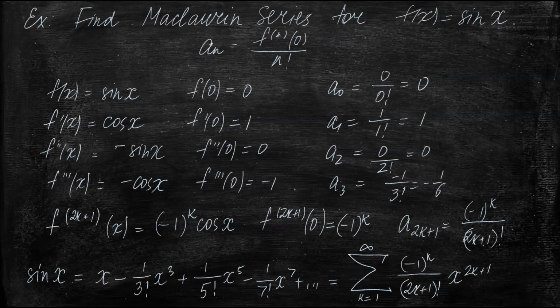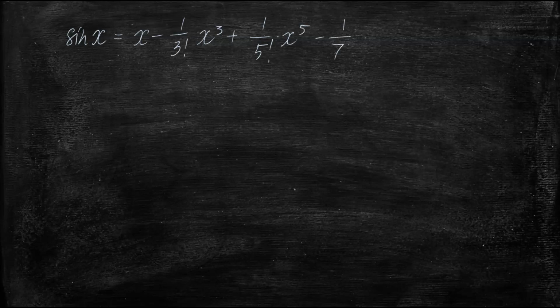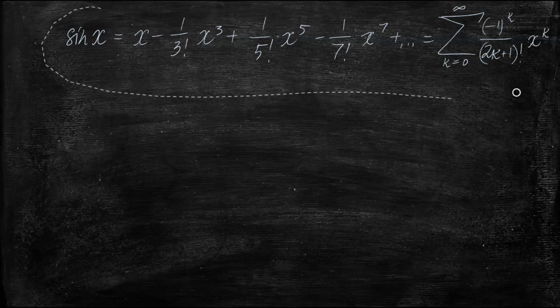Now that we know the power series, which is called the Maclaurin series representation of sine of x, if sine of x is equal to x minus 1 over 3 factorial x cubed plus 1 over 5 factorial x to the 5th minus 1 over 7 factorial x to the 7th, and so on, so this is the power series representation of sine of x.